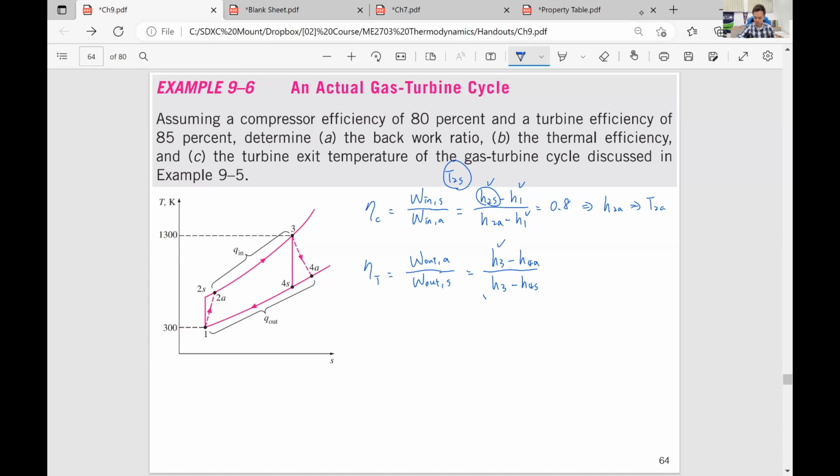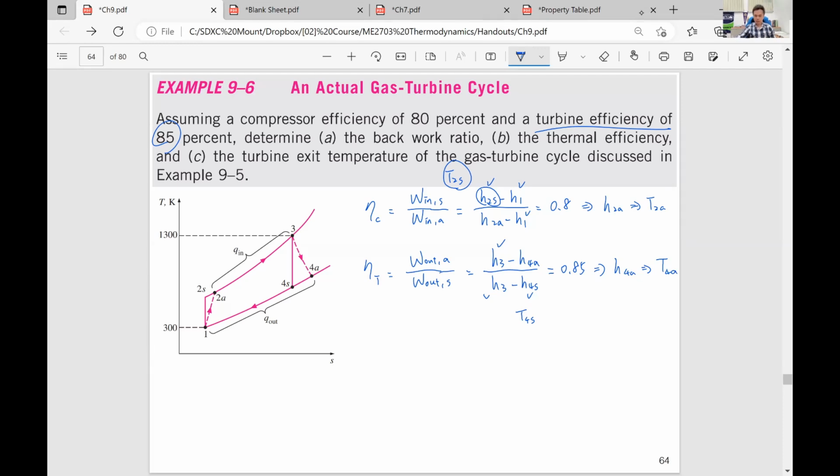T3 is known, so these are known, and H4S is known because we know T4S from the previous example. And this is 0.85, it's the turbine efficiency, right? So we know H4A, so we can know T4A.